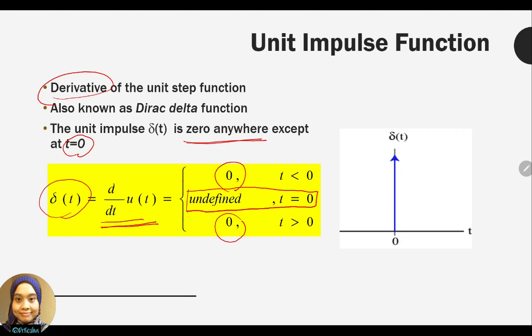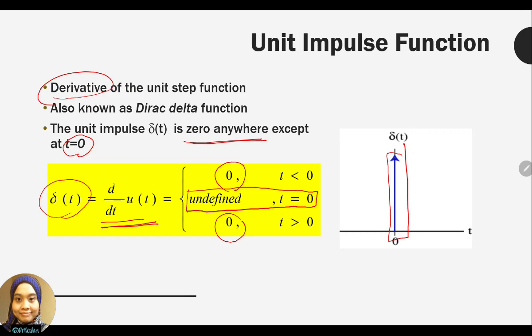Only when the time is equal to 0 does it have some value in terms of amplitude, but for the rest of the time you don't have any value representing the amplitude. That's the unit impulse function.